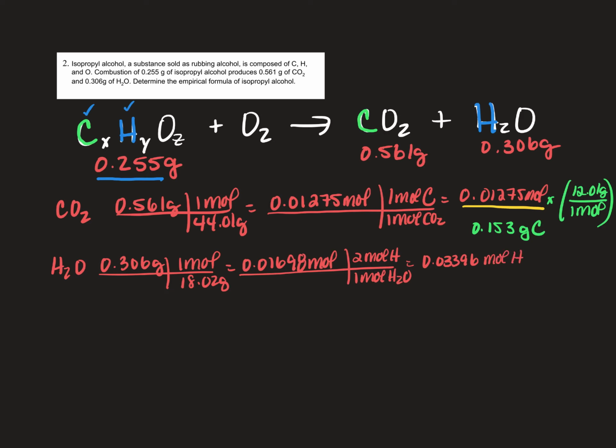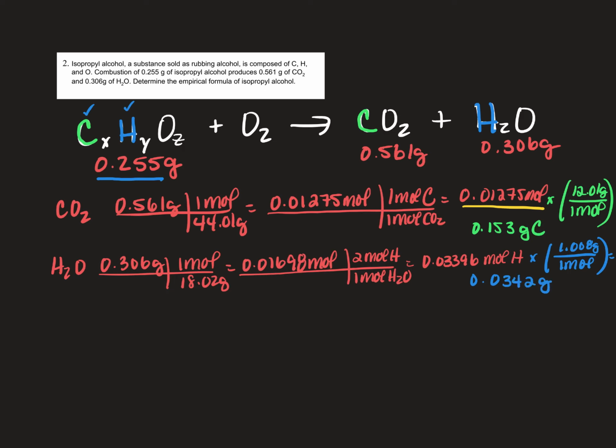And again, for this time, I need to figure out how many grams I have. So I know in 1 mole of hydrogen, it's 1.008 grams. So times 1.008, and I get 0.0342 grams.